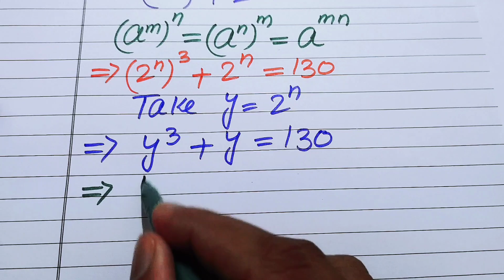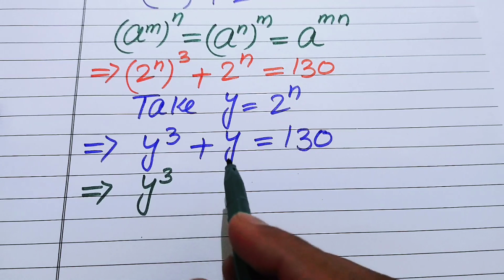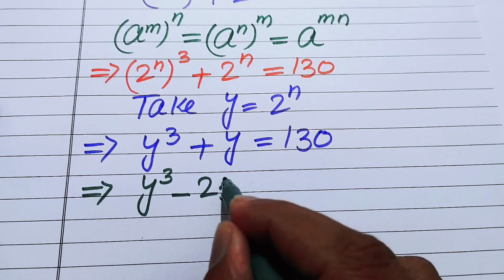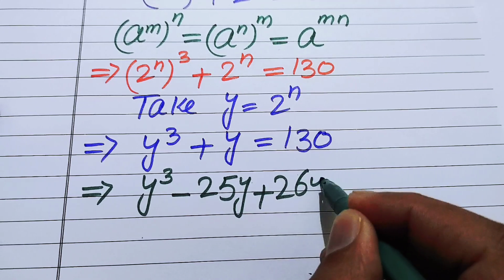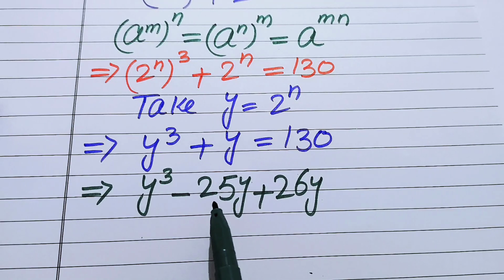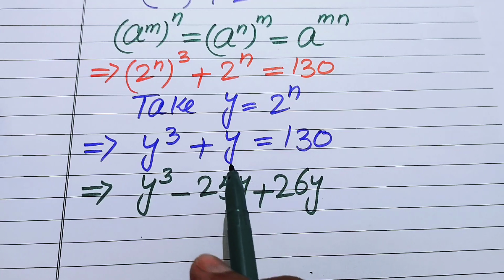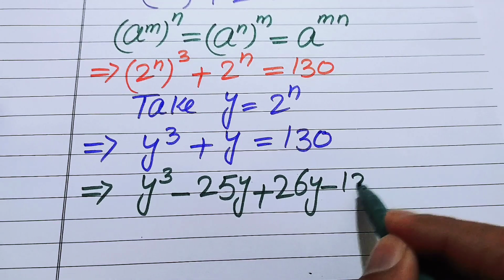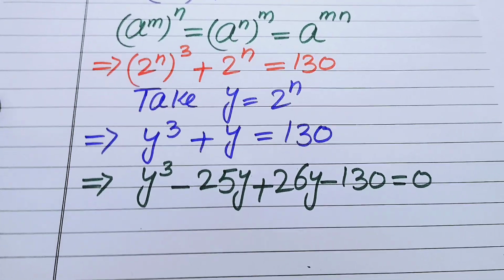So we write y cubed plus y, and we write it as minus 25y plus 26y, because when you add minus 25 and 26, you easily get plus y. And we move this 130 to the left hand side and get minus 130 equals 0.